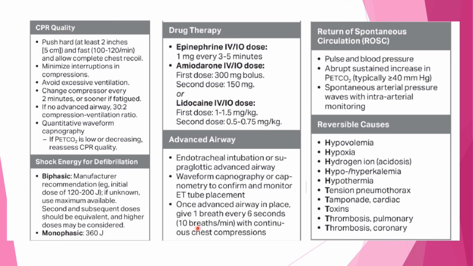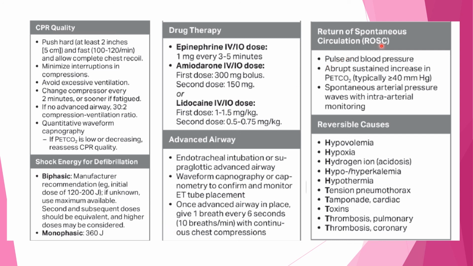So that will be 10 breaths per minute with continuous chest compressions. If the patient is intubated, there is no more synchronization between chest compression and ventilation. Chest compression will be continuous at a rate of 100 to 120, and the ventilation will be one breath every 6 seconds.